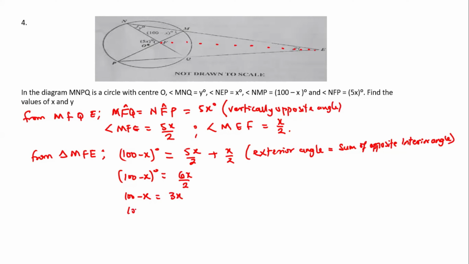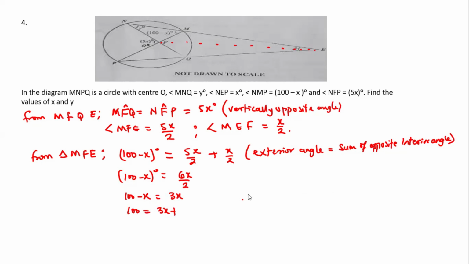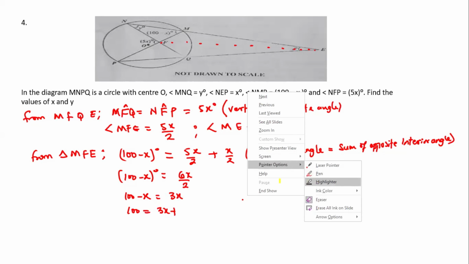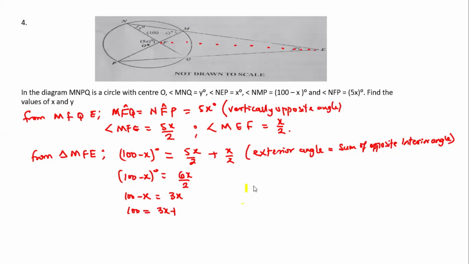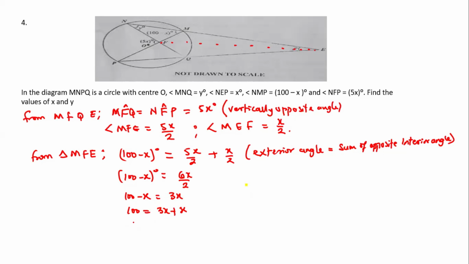So therefore, 100 is equal to 3x plus x, not minus 4, please. So that gives us 100 is equal to 4x. Therefore, if you divide both sides by 4, you have your x to be 25.